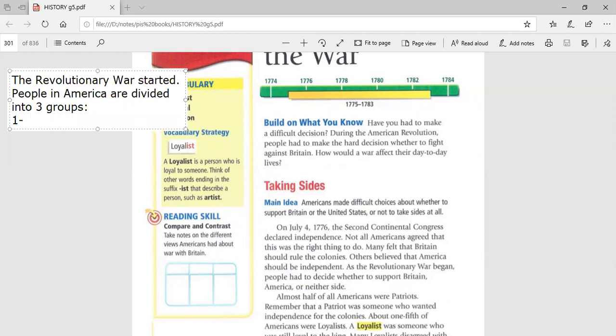Number one, the Loyalists. Those Loyalists are Americans who were loyal to the king.